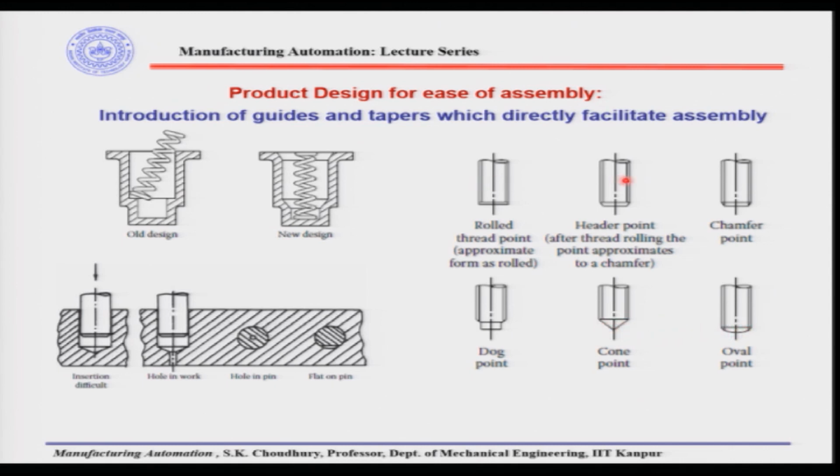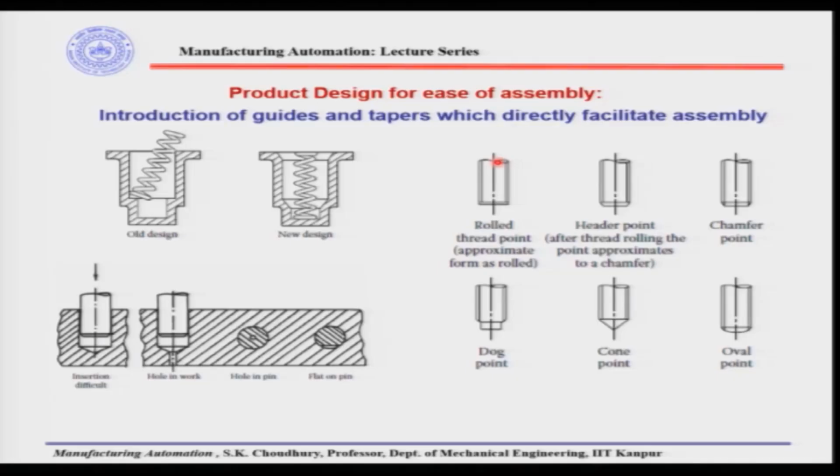These different types of screws are used in practice. For example, if there is no chamfer, cold rolled screws are very cheap, so they can be easily used.